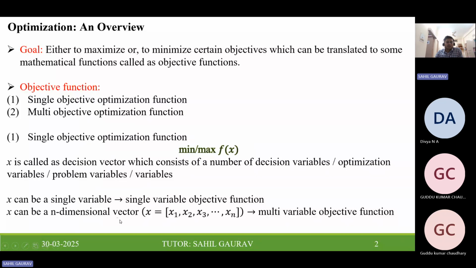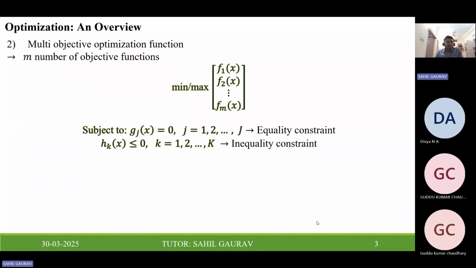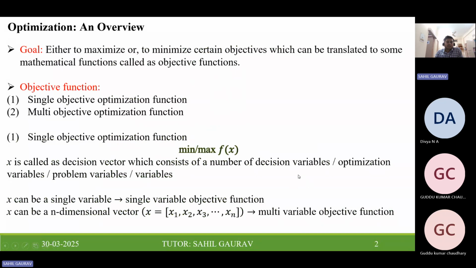And x may be an n dimensional vector, like x equal to vector of x1, x2, x3, and so on till xn. So this we call a multivariable objective function. So we have seen this single objective optimization function, which consists of a single objective function.